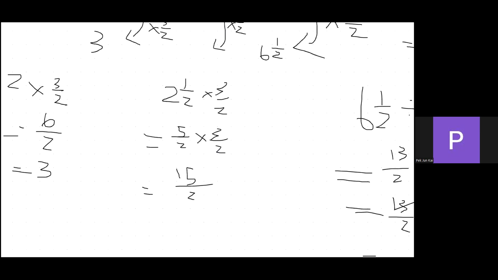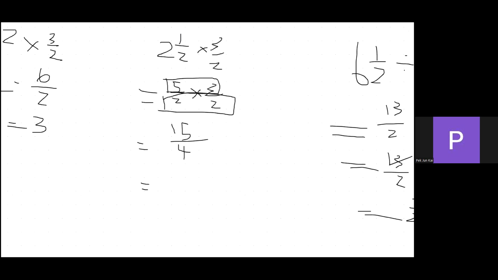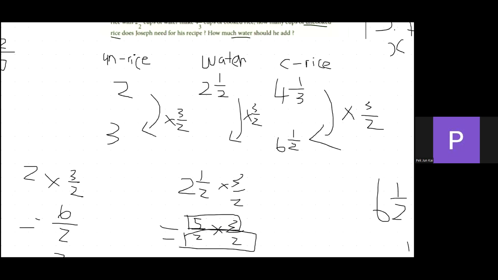Sorry, 5 times 3 is 15. 2 times 2 would be 4. And after the simplified form, it will become 3 and 3/4. So the water needed is 3 and 3/4.